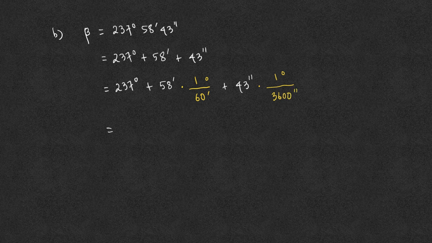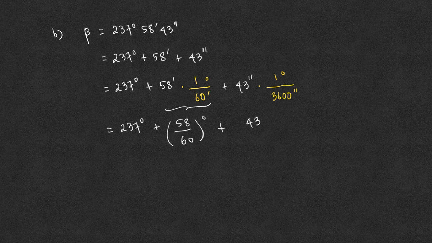What is left to do is simply putting this into a calculator. 58 times 1 over 60, the minutes cancel out, giving us 58 over 60, and this is now degrees. Don't evaluate it just yet. We will put everything in the calculator because if we evaluate this now, we might end up with a rounding error.